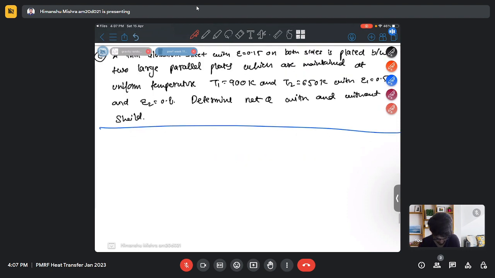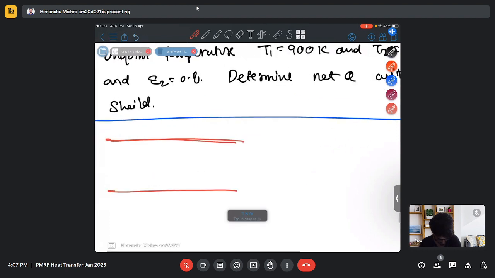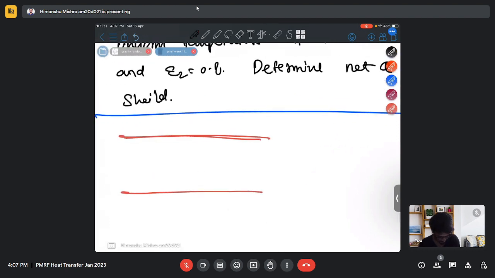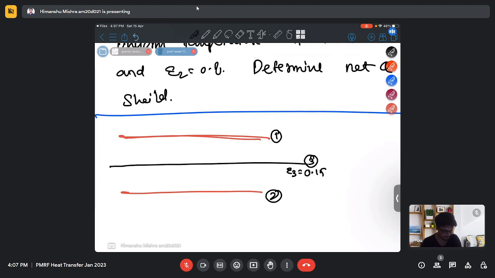So let's say we have two parallel plates and there is a radiation shield between them. Let's say this is my 3, 1, 2. So emissivity is 0.15, the emissivity on both sides is 0.15.